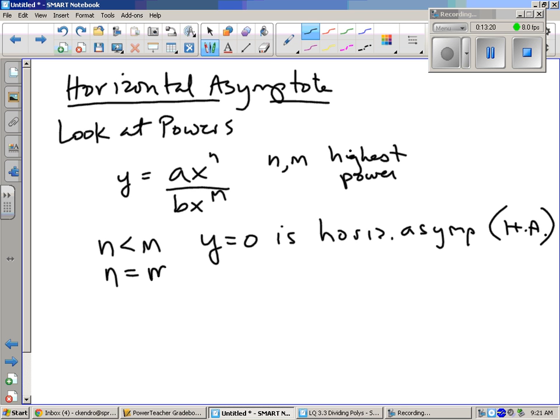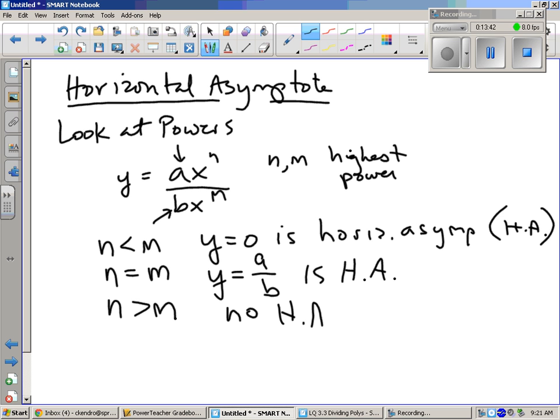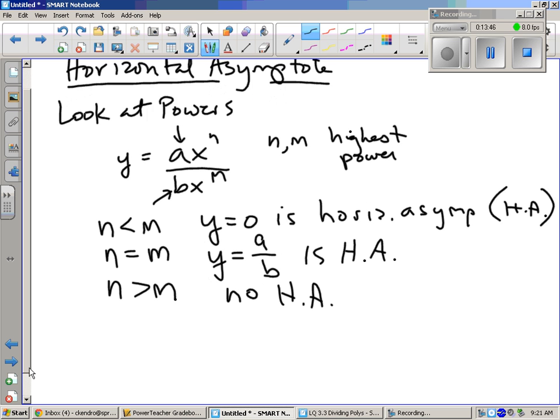So if n equals m, if those powers are the same, then y equals a over b, so whatever these numbers are is your horizontal asymptote. And we'll do examples of these in a minute. Now, if n is greater than m, there is no horizontal asymptote. It doesn't work. We don't need one.